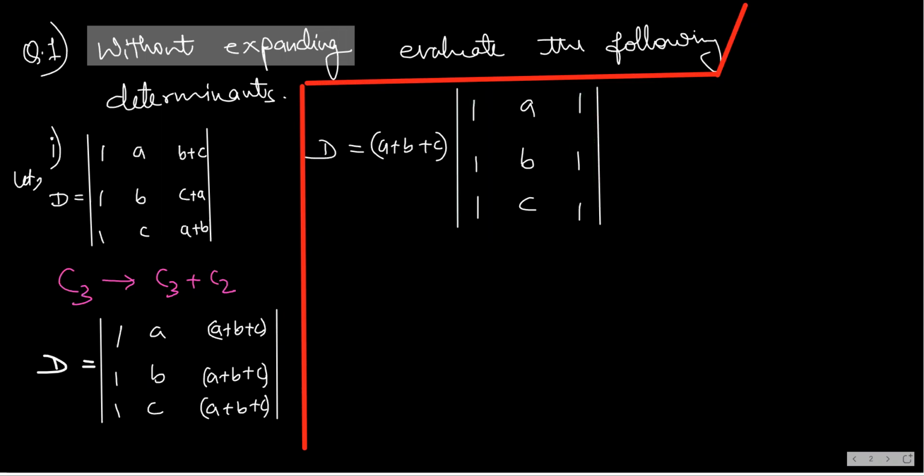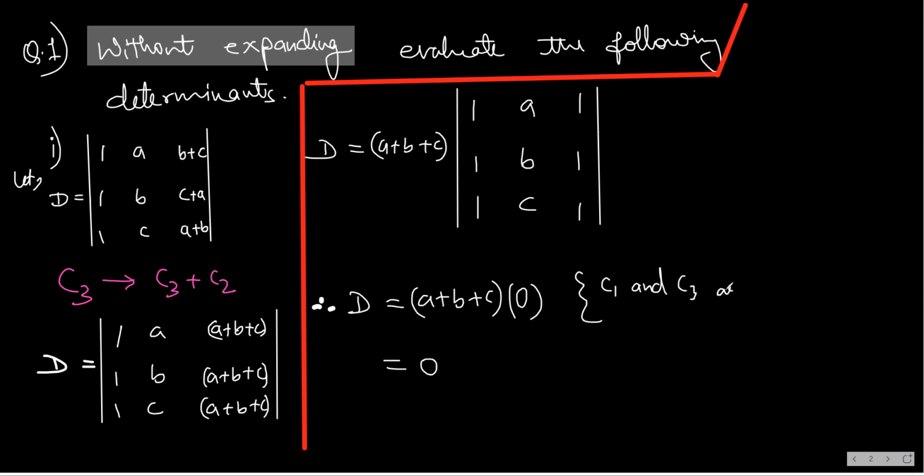Finally, you will have therefore D equals A plus B plus C multiplied by 0, and the value is 0. Here you will write, C1 and C3 are identical.